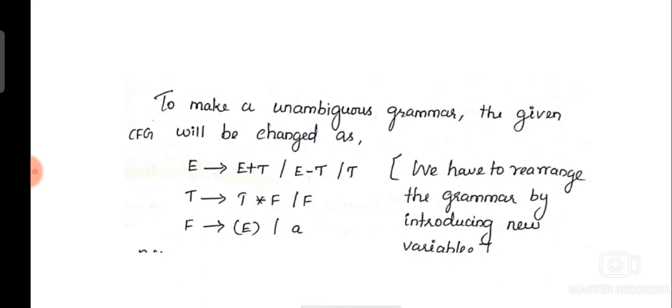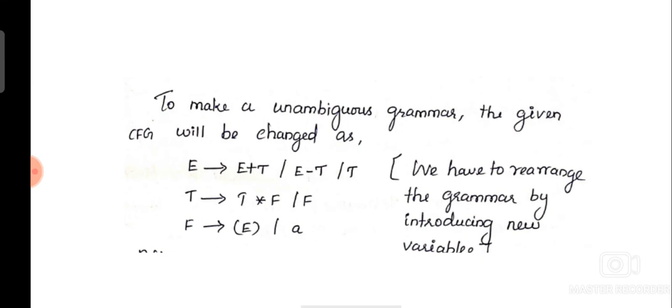Now the second important operator is multiplication. So we have to add the productions in the second step. T tends to T star F. Here F is the new non-terminal.